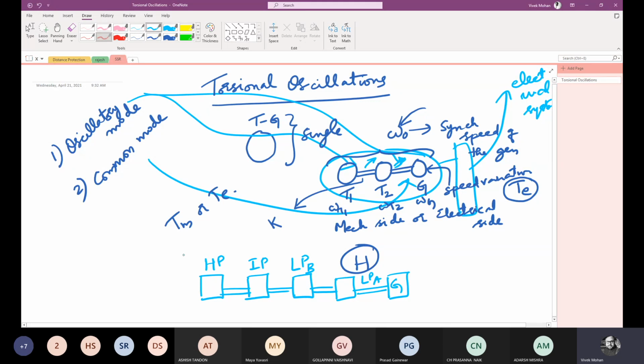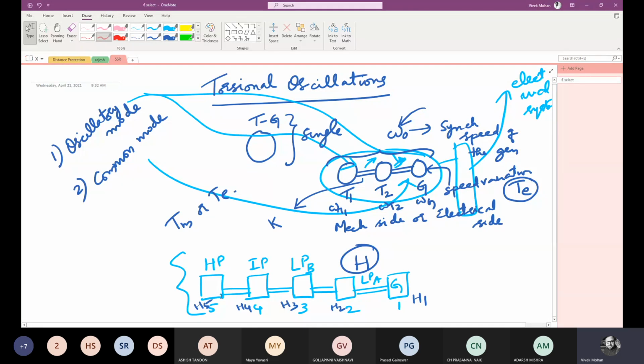The whole system is a multi-mass system. Now I am considering this as a first mass, this as a second mass, third, fourth, and fifth, with inertia constants H1, H2, H3, H4, and H5.